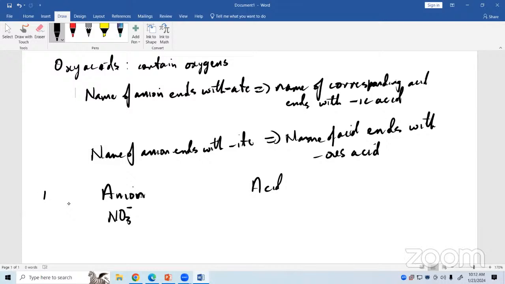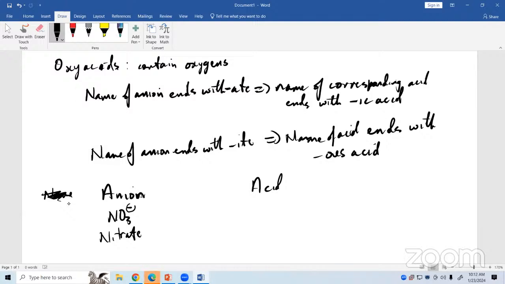Let me construct another column here for the name. No, hold on, let me not bother with that. I'm just going to put the name below. So this is called a nitrate ion.